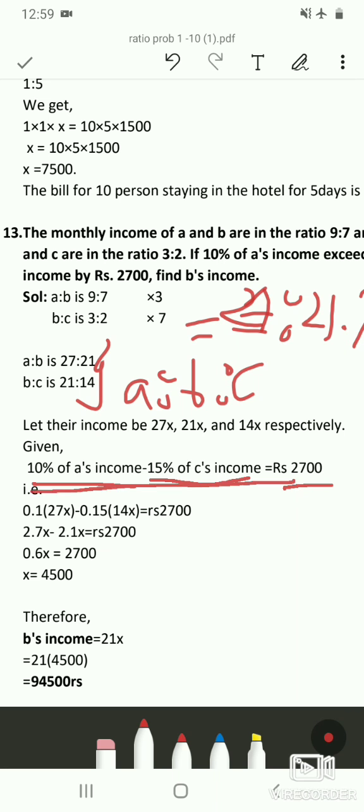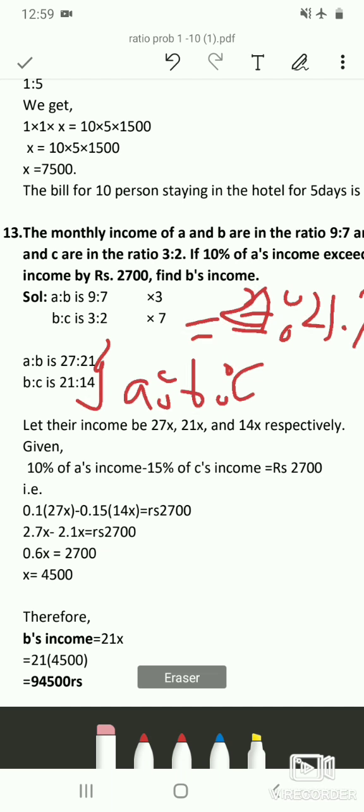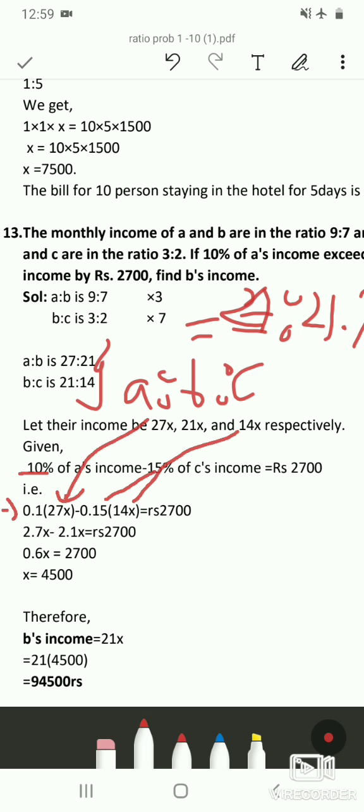Because they have mentioned the word exceeds, you have to take the subtraction. So 10% of A's income, which is 27x, with 10% being 0.1, and 15% being 0.15, and C's income being 14x, is equal to rupees 2,700.